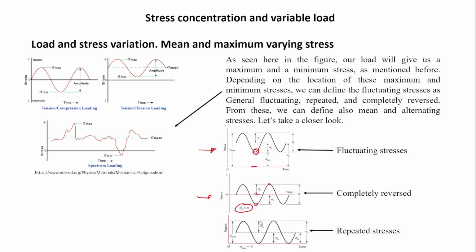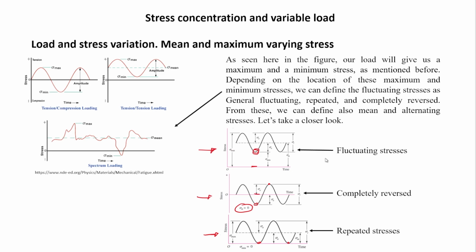Thirdly, if you have a loading case where the minimum of the curve is coincident with the zero line, then we're going to call that loading case repeated stress. By knowing how this variation is positioned vertically in this Cartesian axis, I can give it a name, and if we use these names, we're going to know what we're talking about.